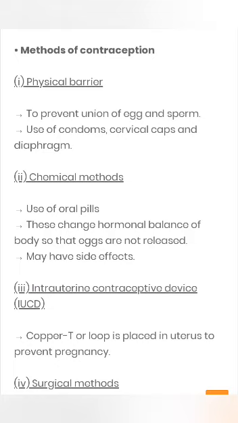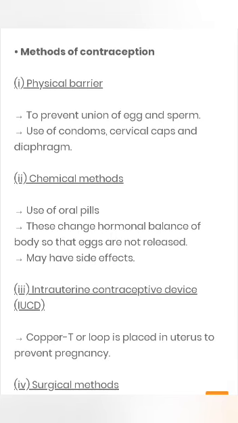A physical barrier is used to prevent the fertilization of the egg. Chemical methods include the use of oral pills, which change the hormonal balance of the body so that eggs are not released. Intrauterine contraceptive device, that is IUCD, includes copper T or loop, which is placed in the uterus to prevent pregnancy.